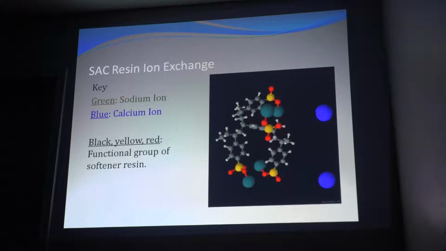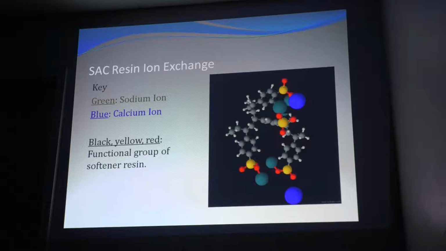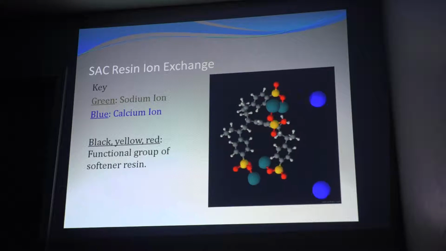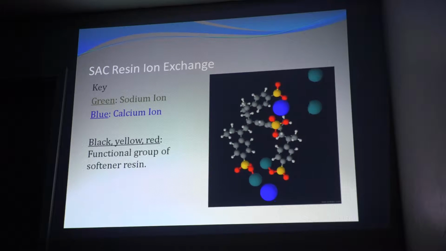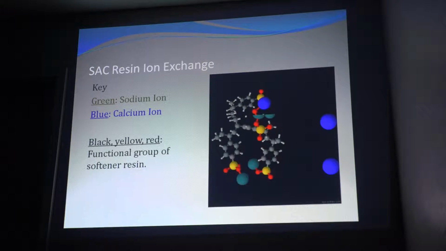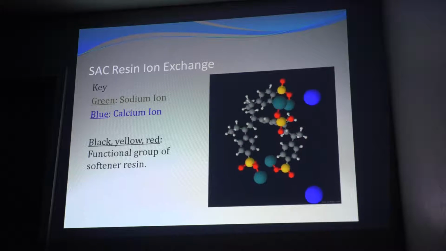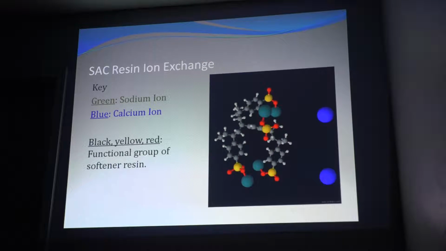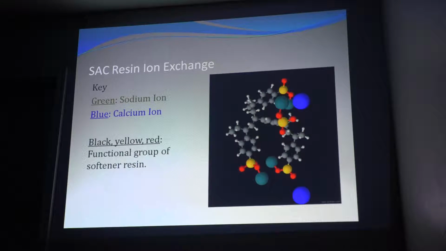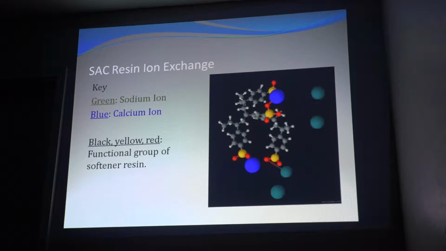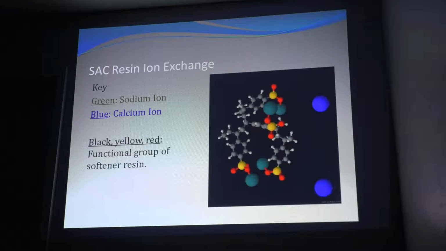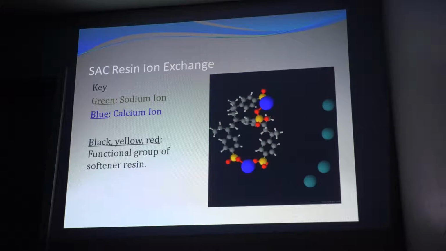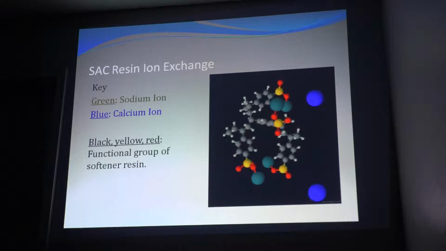That stands for strong acid cation resin. If you look at the little balls going towards the resin bead, the two blue balls are calcium and the green are sodium. The way it works is, when the calcium is attached to the resin, it requires two sodium ions to drive off one ion of calcium and magnesium.